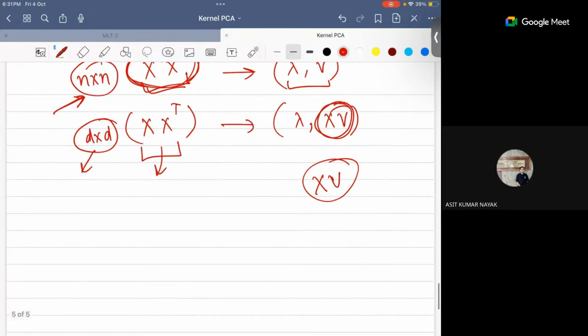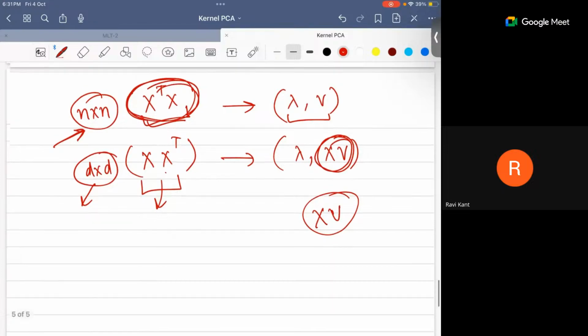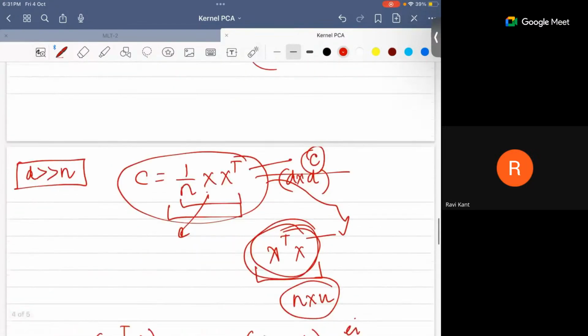I hope this much is clear to everyone. If you have any doubt, you can ask me. I'll wait for 1 minute or maybe 30 seconds. Which one has higher time complexity, x transpose x or x transpose? That's why we are taking help of x transpose x. As I told you at the start, d, the dimension of the data point, is very large as compared to the number of data points that we have.